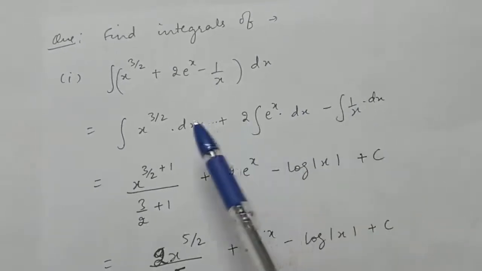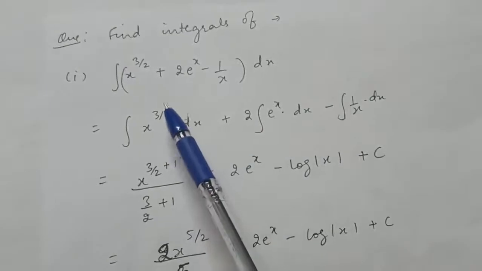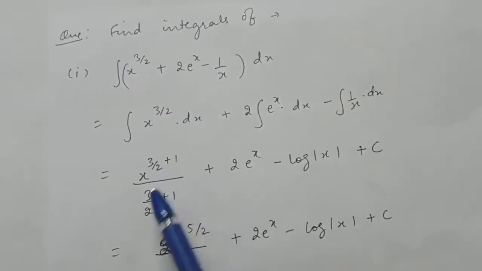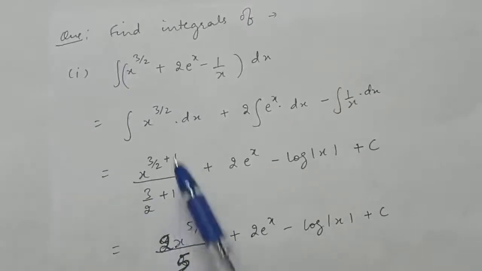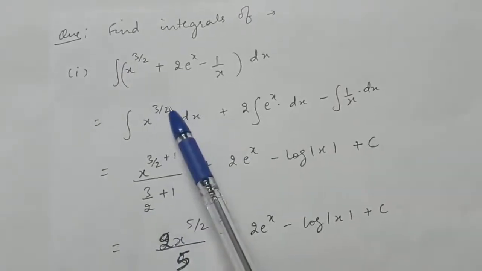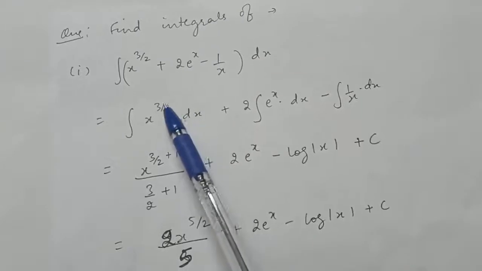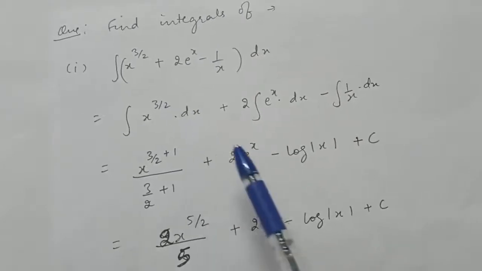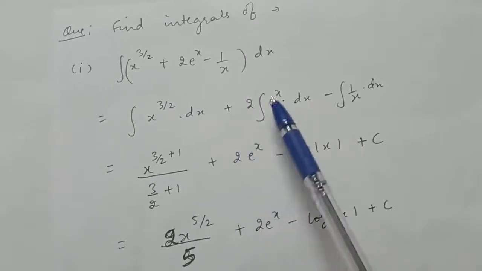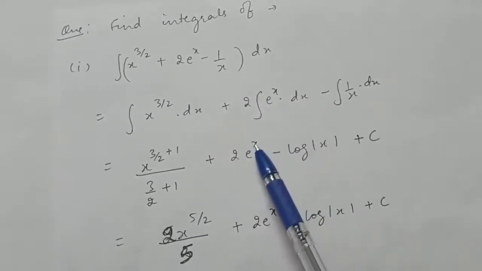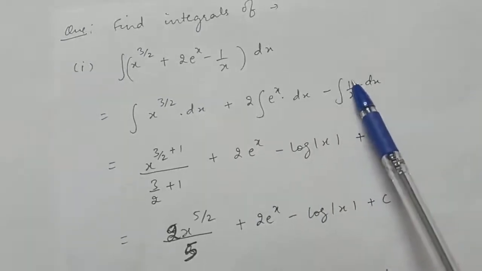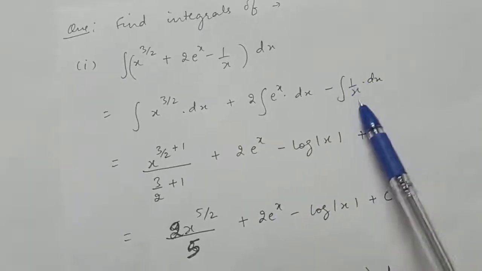Now you know the integral of x raised to the power n is x raised to the power n plus 1 upon n plus 1, right? n can be any integer or a fraction, but n should not be minus 1, right? Now plus 2 times the integral of e raised to the power x, which is the same, e raised to the power x. And here see, it is x raised to the power minus 1, that is 1 by x.